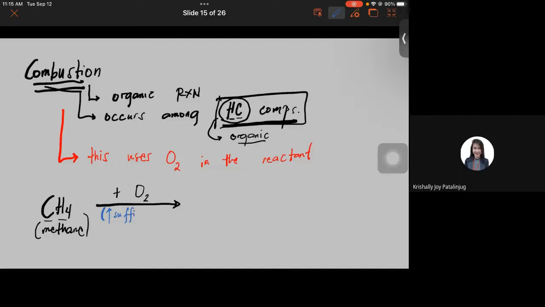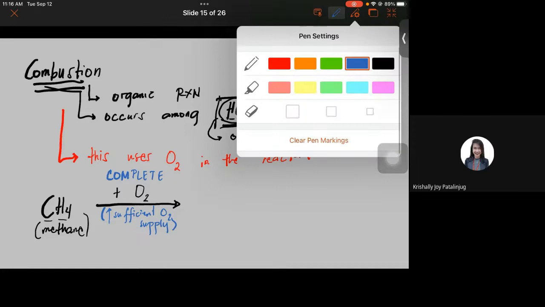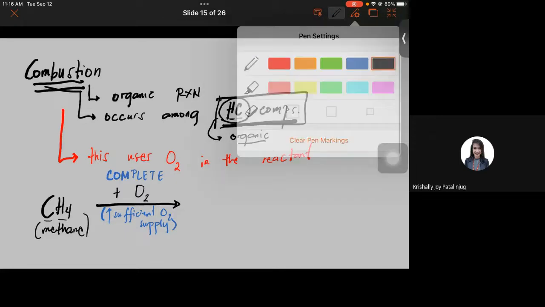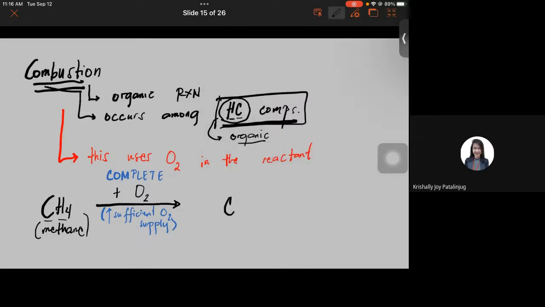So I will write it sufficient, the oxygen supply. So if that is the case, then the combustion will happen completely, or we call that complete combustion. And in complete combustion, the products are the following. It's constant: carbon dioxide and water, nothing else.